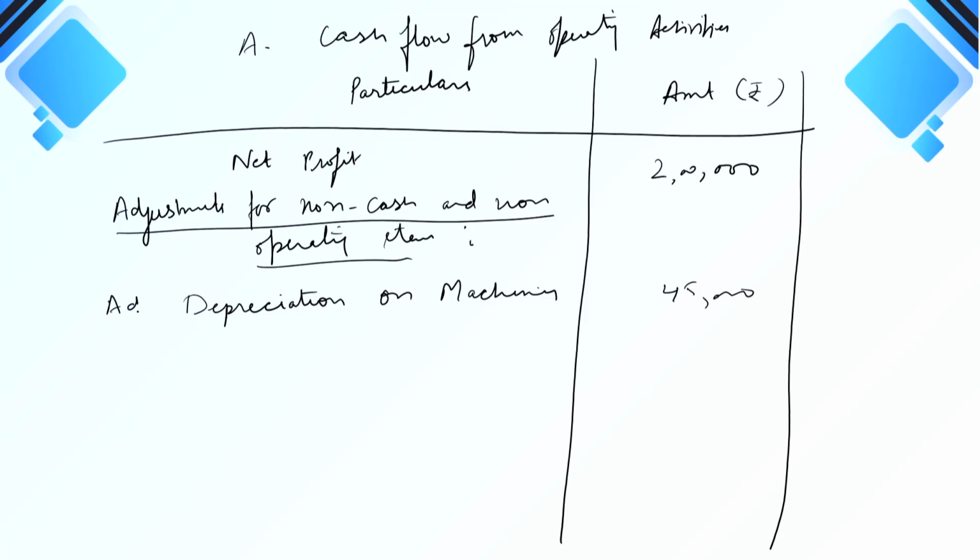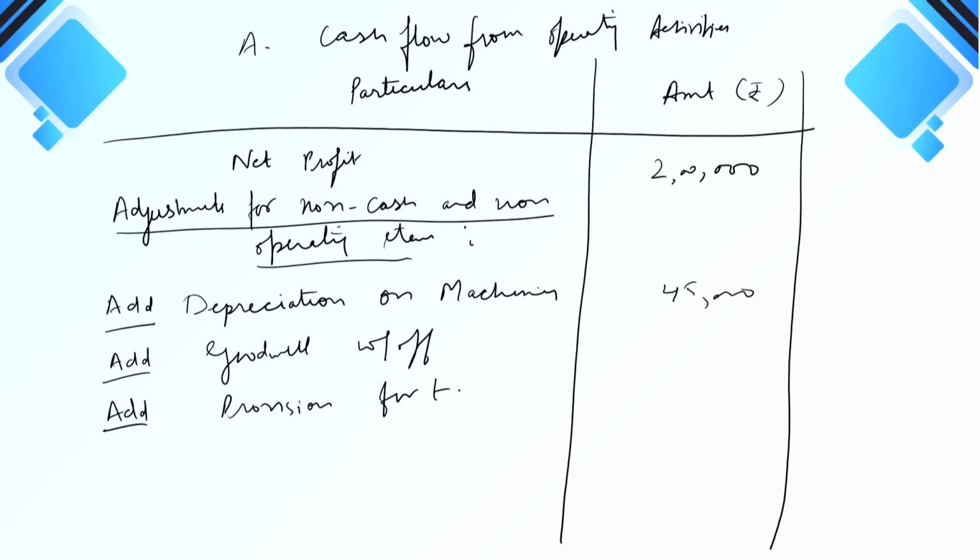It would be added back. Then we have the goodwill written off, that again to be added, goodwill written off. Then the third item is provision for taxation, which is 25,000.